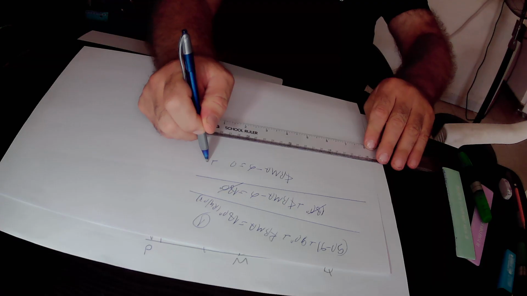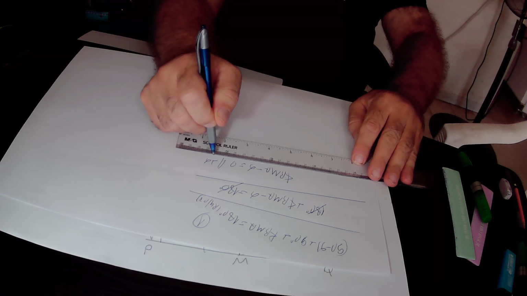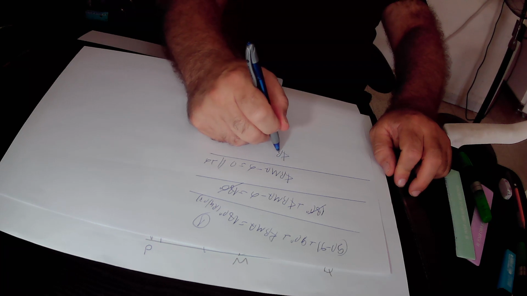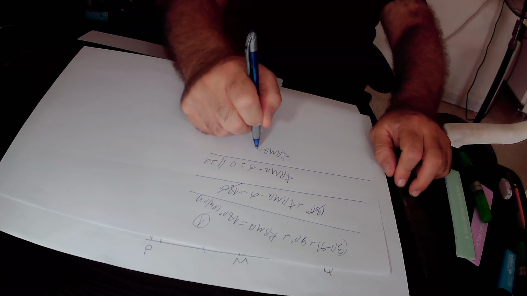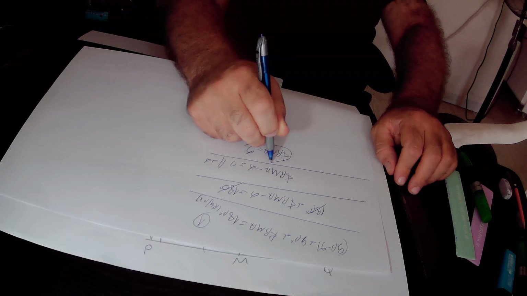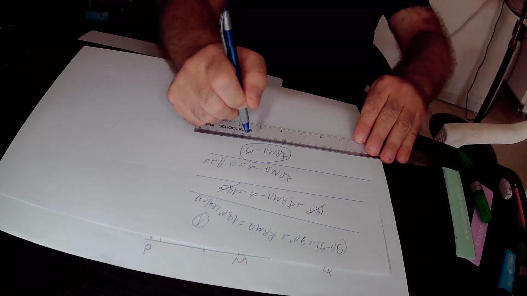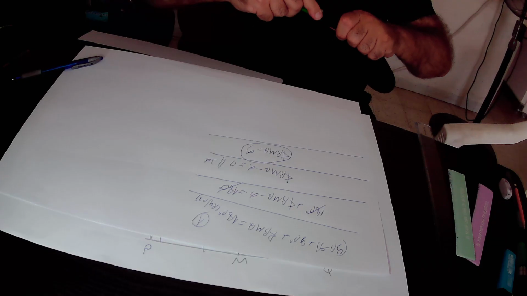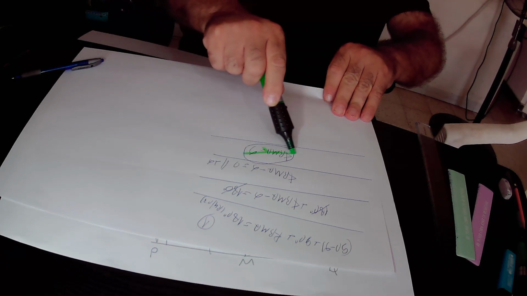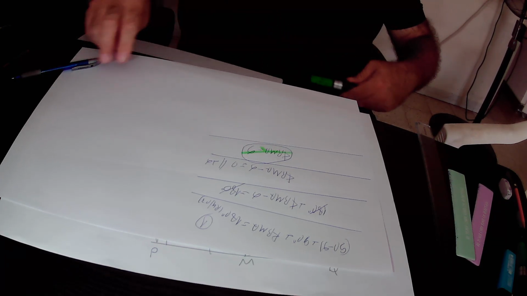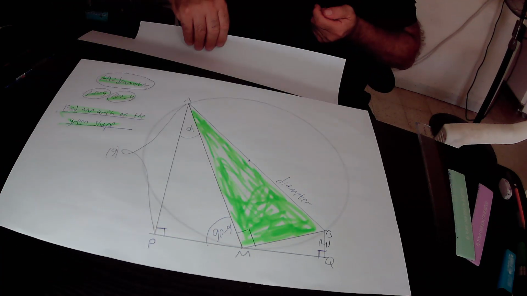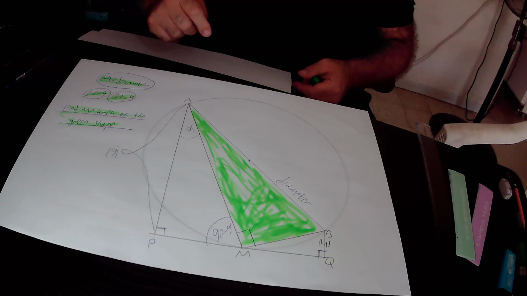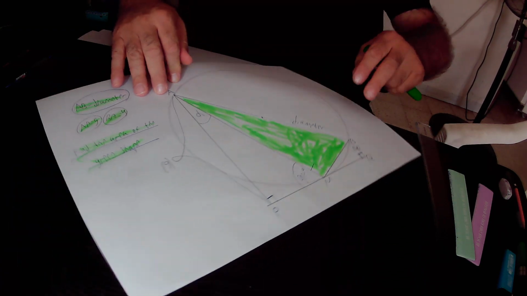Here we add alpha to the equation, and we get that the missing angle BMQ is equal to alpha degrees in its size. This is the missing angle BMQ, equal to alpha degrees in its size.